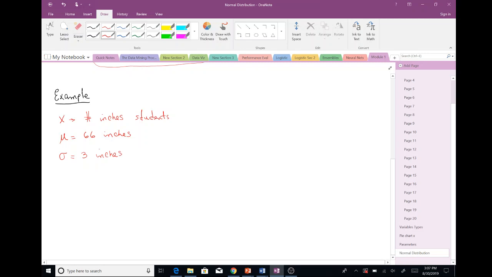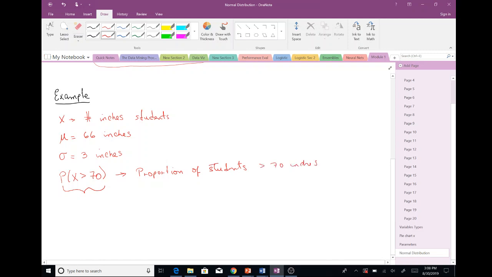Well, the question is, what's the probability that a given student, or the proportion of students, is greater than 70 inches? So this probability right here can be expressed many ways. We can say this is the proportion of students greater than 70 inches.